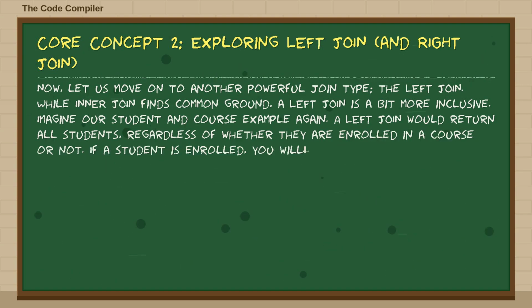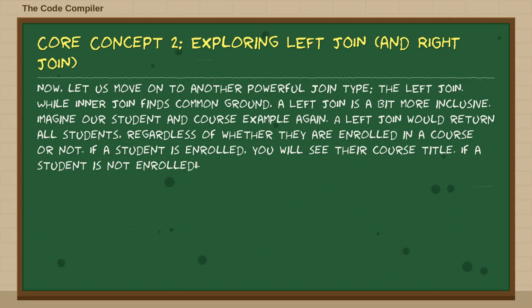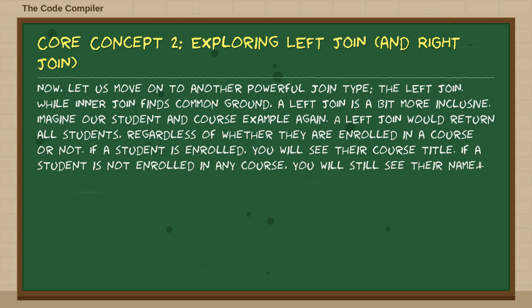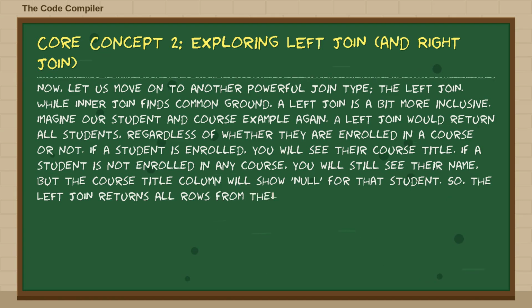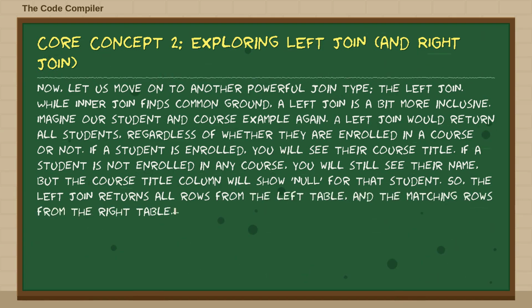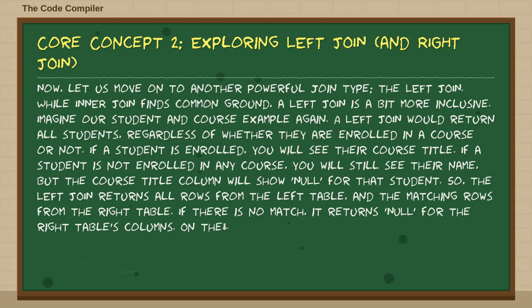If a student is enrolled, you will see their course title. If a student is not enrolled in any course, you will still see their name, but the course title column will show null for that student. So, the left join returns all rows from the left table, and the matching rows from the right table. If there is no match, it returns null for the right table's columns.